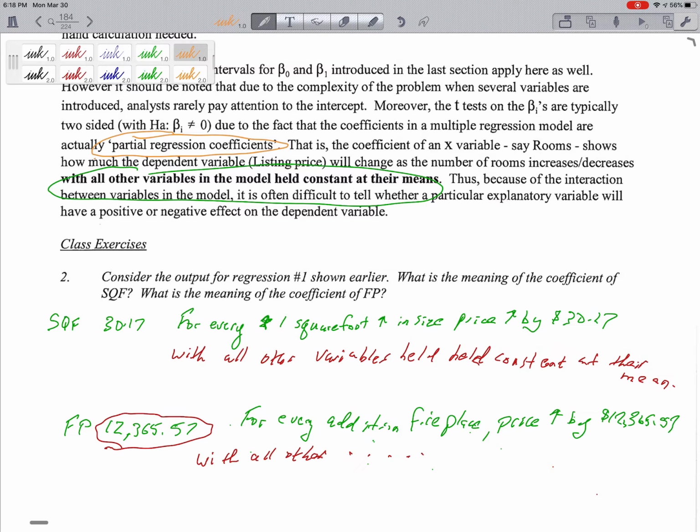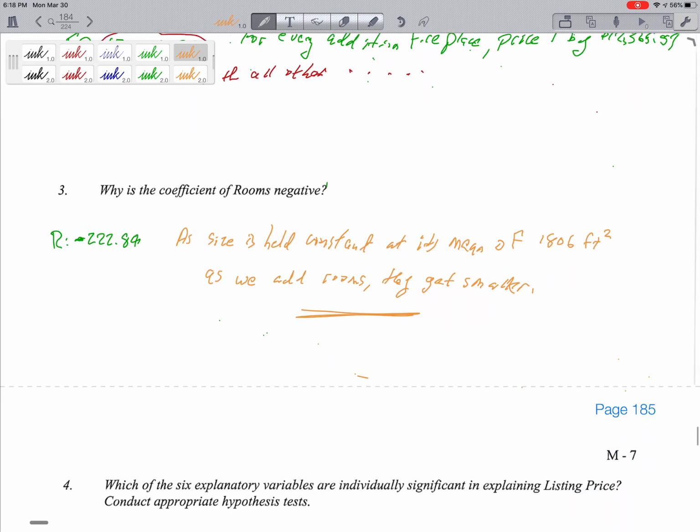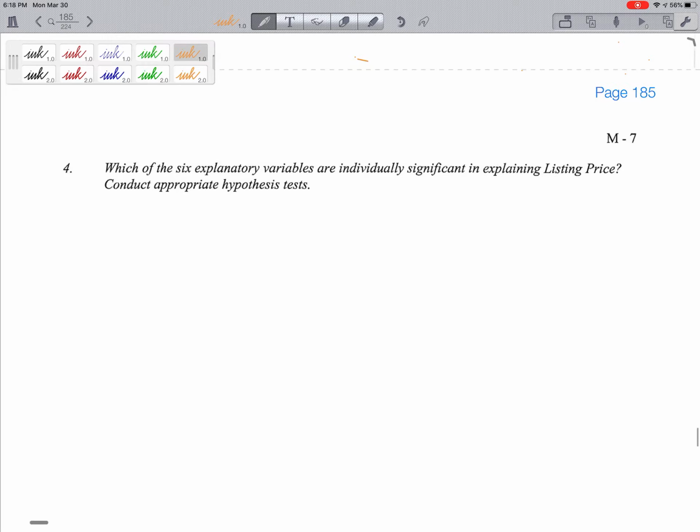So again, commonsensically, we would look and say, well, rooms should have a positive relationship with the listing price of the house, but when it's in the model with size, it actually turns out to be negative. So that's why we always do these as two-sided tests, because of that interaction between them.